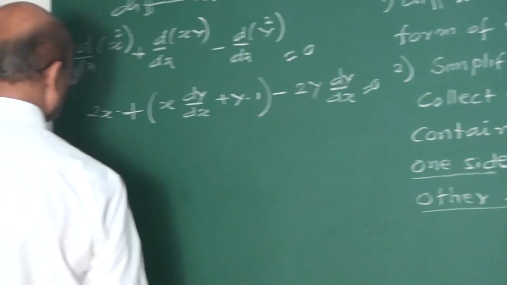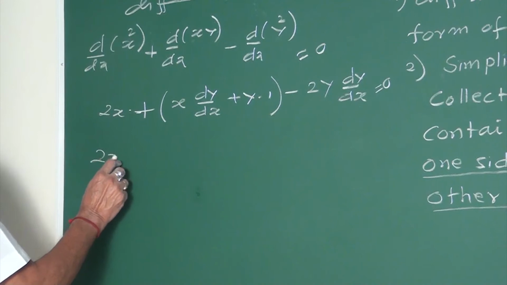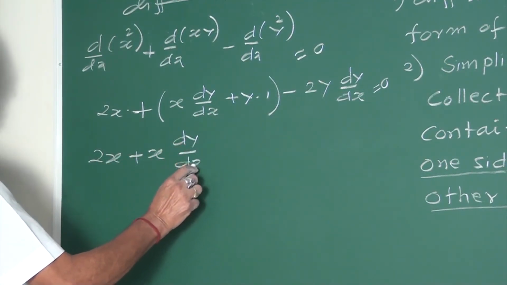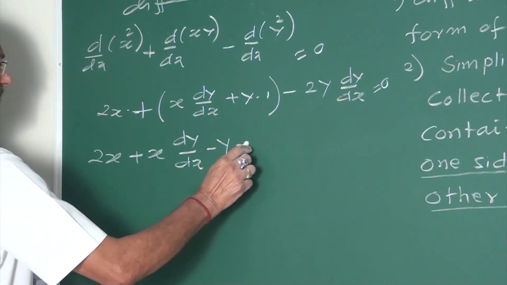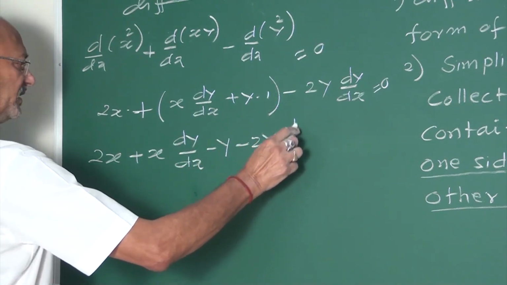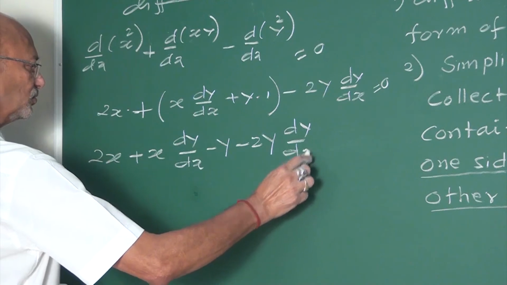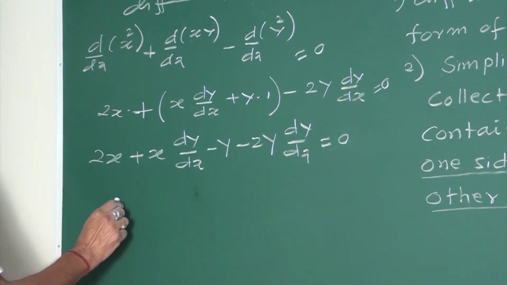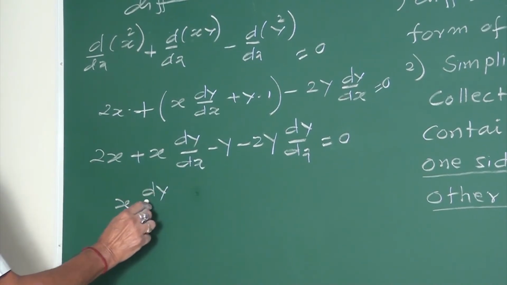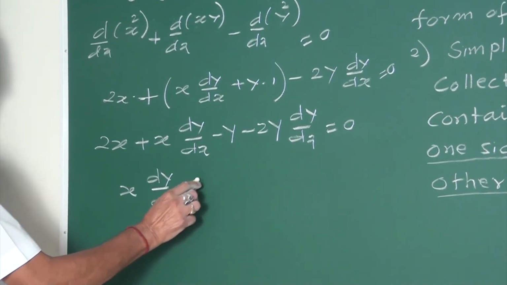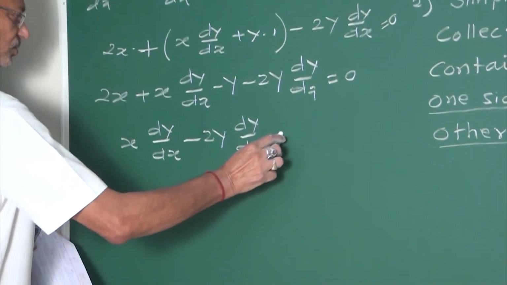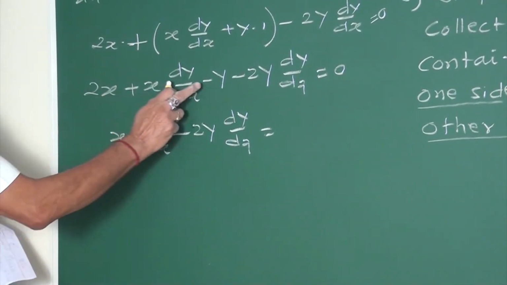Simplify this first. It is 2x plus x into dy by dx minus y into 1 minus 2y into dy by dx equal to 0. What is the instruction? Collect the terms containing dy by dx: x dy by dx minus 2y dy by dx equals the remaining terms.